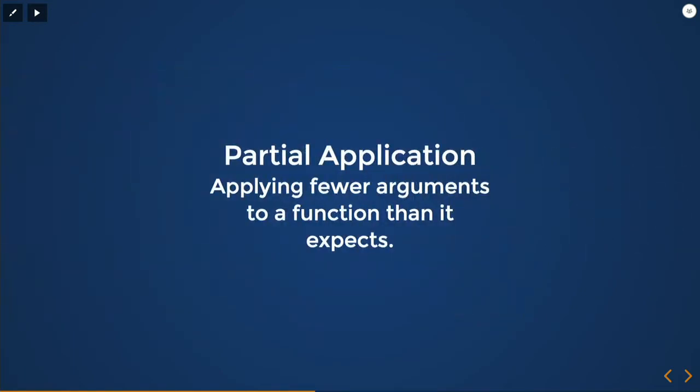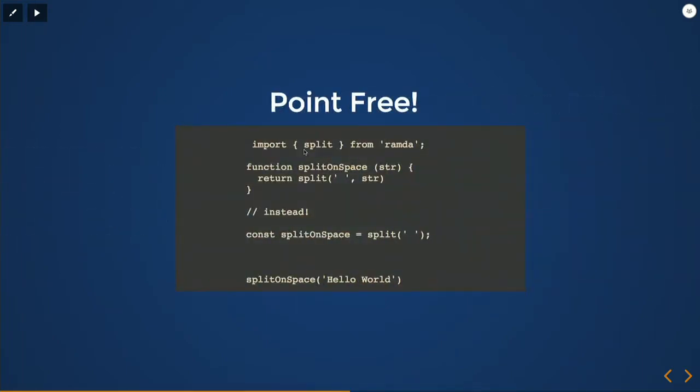So yeah, partial application, it's applying fewer arguments to the function than it expects, right? So we're giving it partially what it wants, right? Not the whole deal. And personally, I use Ramda. I just think it's a really good, well-written library, but basically it auto-curries stuff. So if we look at a function like this, probably everybody's at some point written something like it.